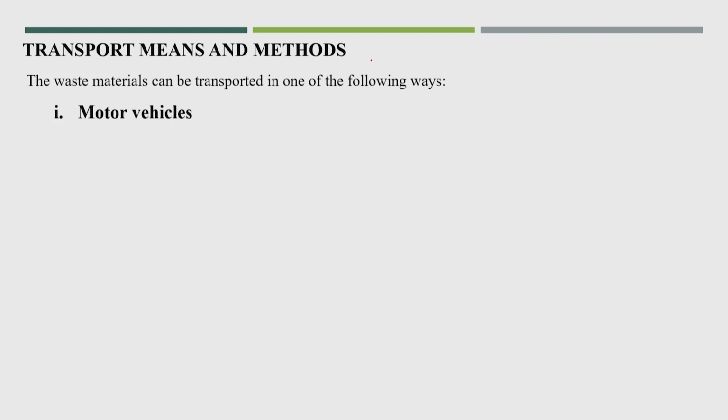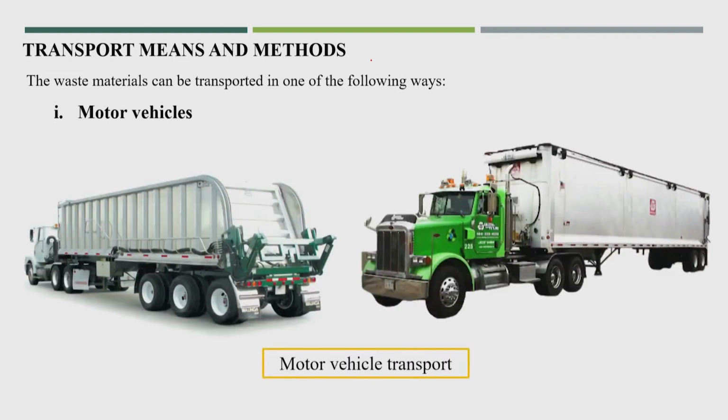This is a well known transportation method by road transport. You see here the large size vehicles normally used for transporting waste from the transfer stations to the disposal site or recycling facility by road.